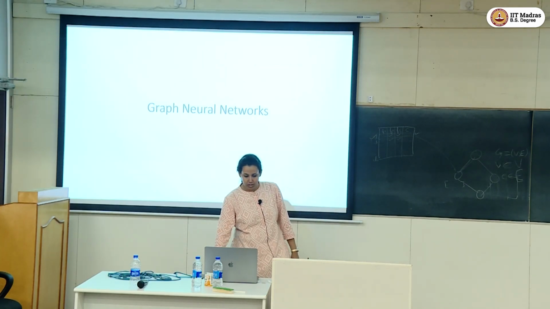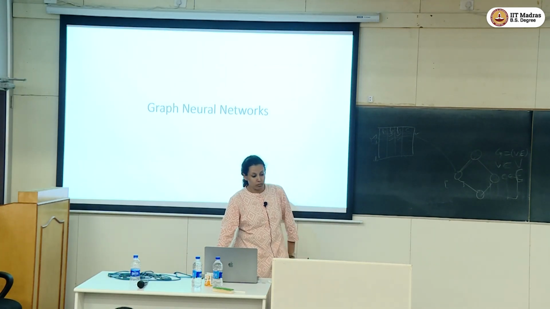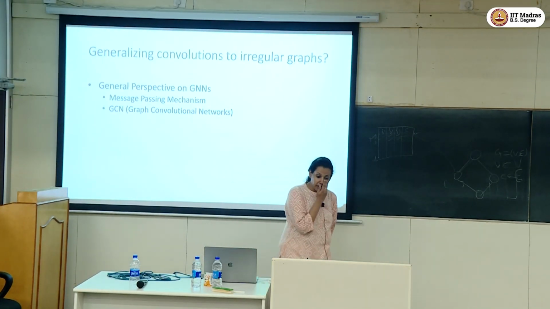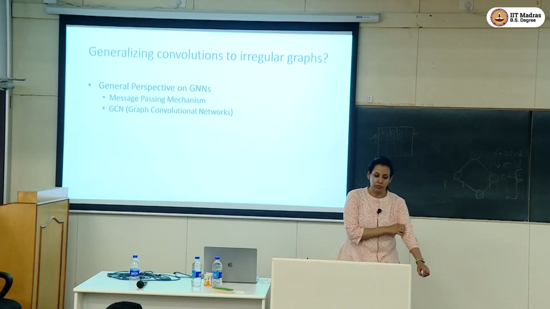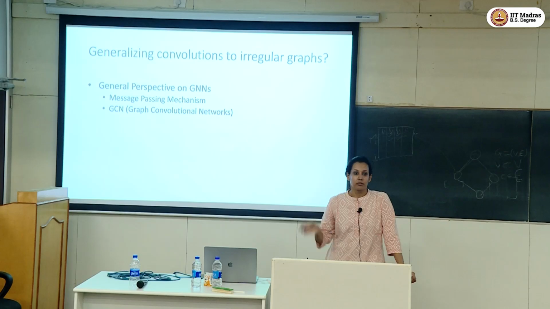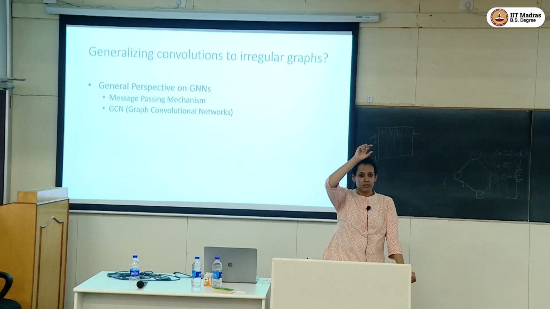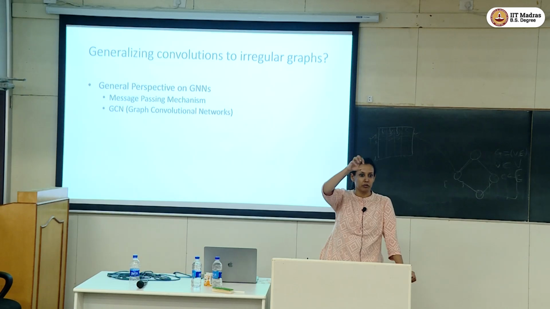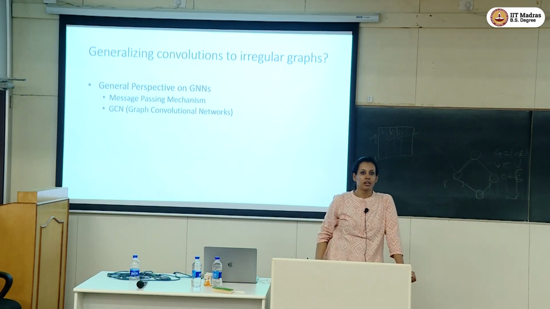Then, okay, what is basically a graph neural network? What is the crux behind it? Whenever I say graph convolution, all of us know convolution, which is a filter you apply on an image: you do the convolution operation, you take all the neighbors' information, and then you do some pooling.